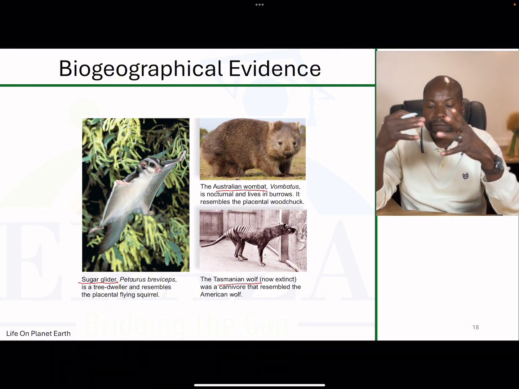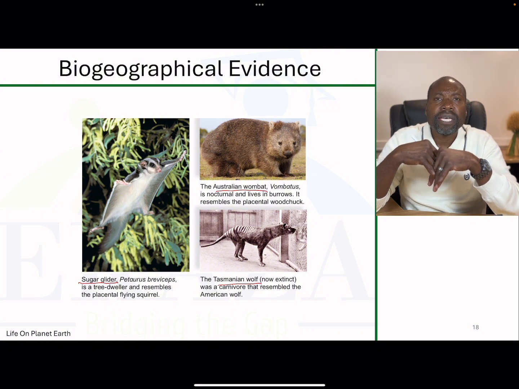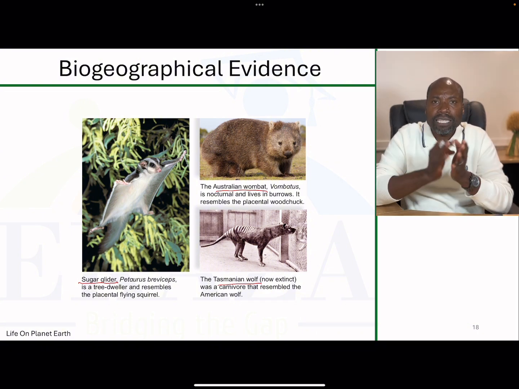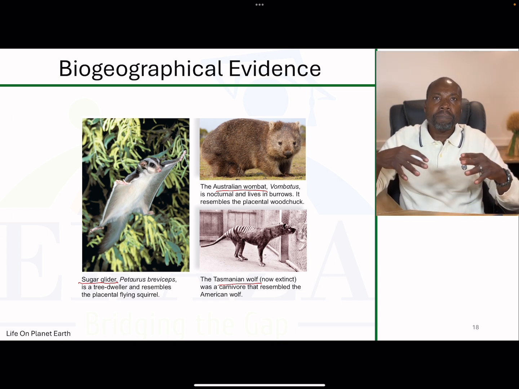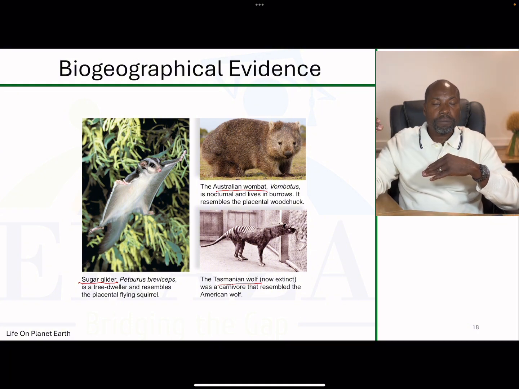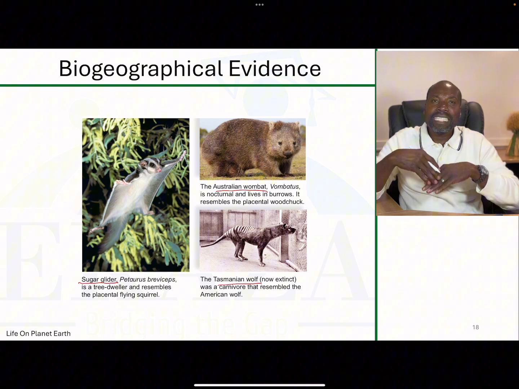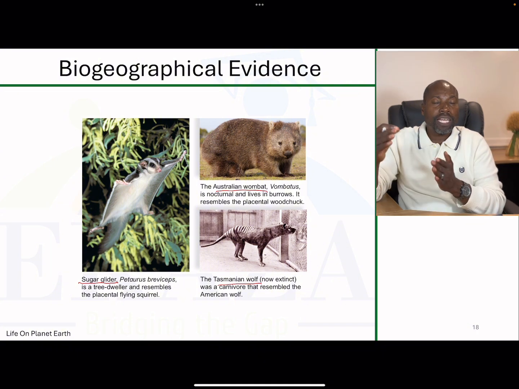But they have similarities, and these similarities show that at some point maybe the continents were all together and then the continents split and started moving apart, right? Some parts of the continents remained on the same latitude, while other parts of the continents ended up in different latitudes, right? And latitude is associated with climate, right?